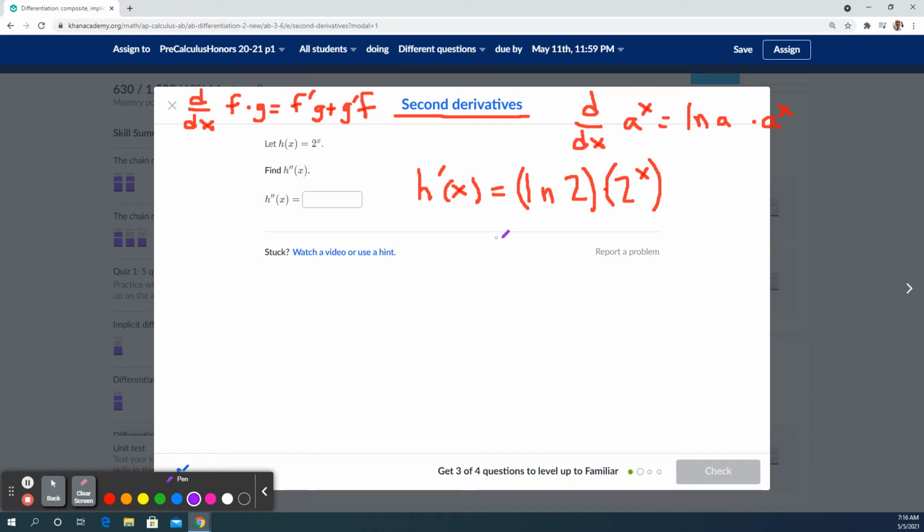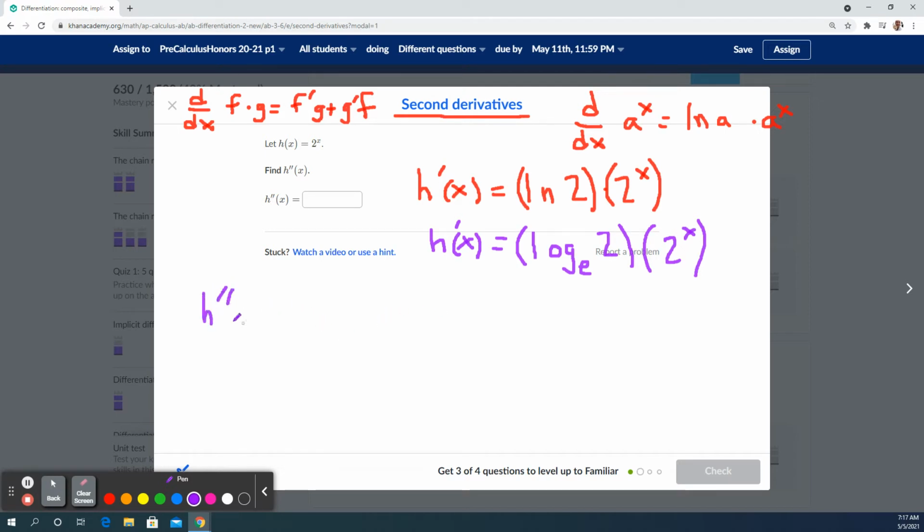So this is still equal to, this is h prime. I just want to put it in a form that I can deal with a little easier. So how do we rewrite natural log as a log? It's log base e. Log base e of 2, all of that function times 2 to the x. All right, so this is what I have in my notes, the log derivative. Okay, so I think we're ready.